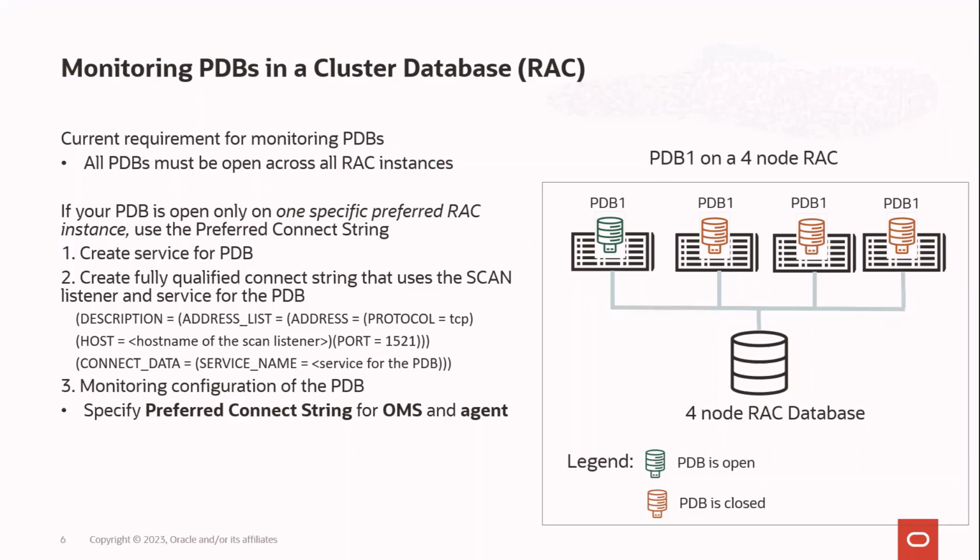Once specified, the agent will connect via the scan listener to the open PDB on your preferred rack instance whenever it performs metric collections. Refer to the EM documentation for more details on how to set it up.